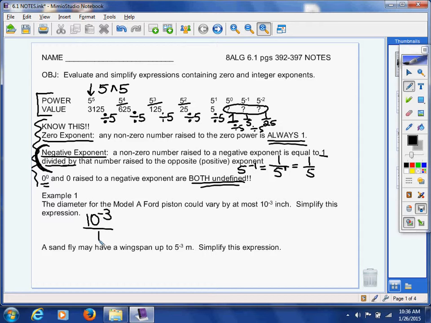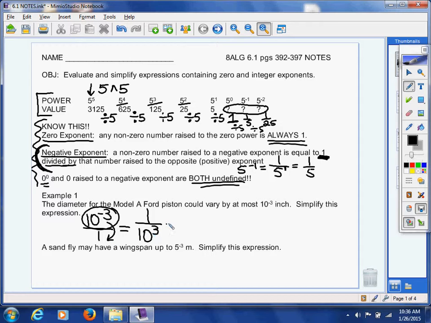The only way that I could lose that negative exponent is to move it, completely move it. So I'm going to do what my directions said above: take 1, put that in the numerator, and then move that base and that negative exponent to the denominator. If I move it to the denominator, the exponent becomes positive.